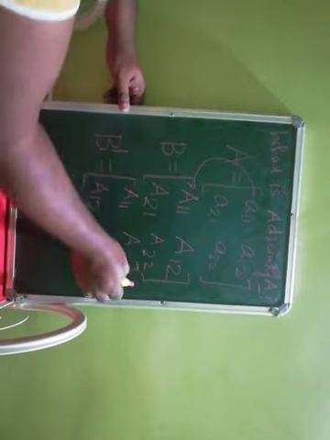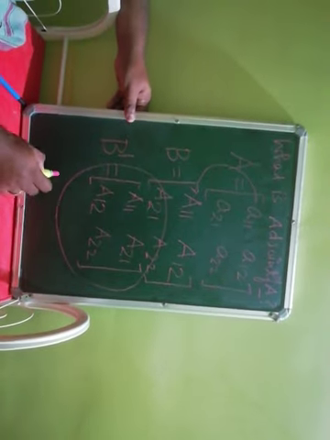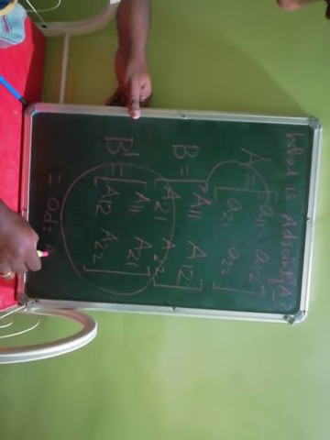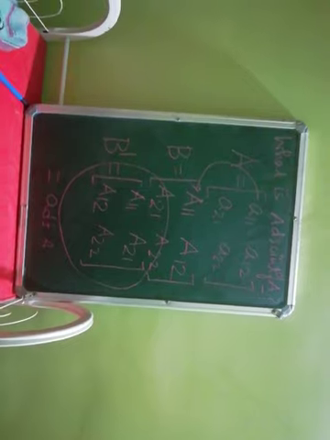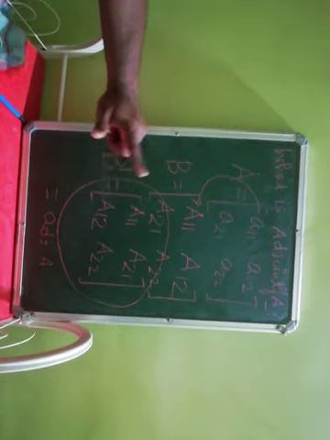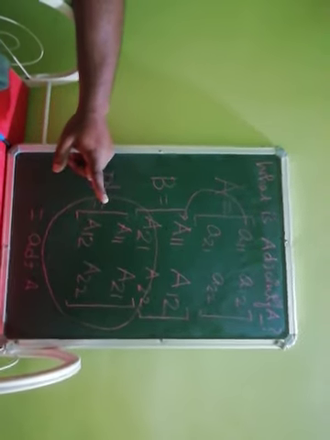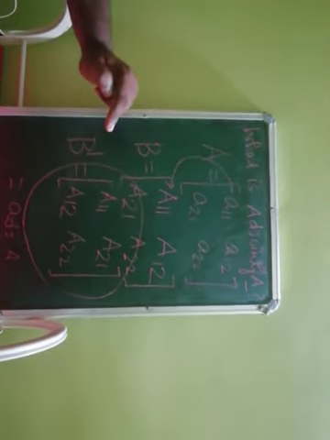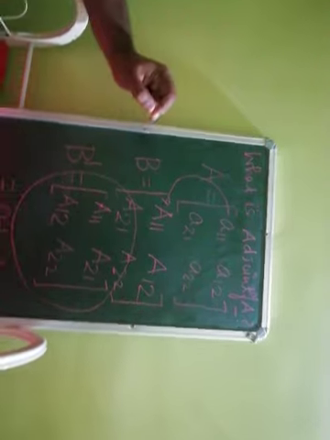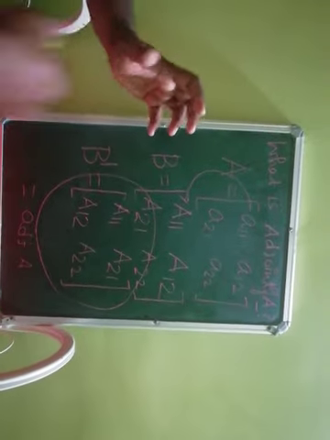And this matrix, which is the transpose of B, is the adjoint of A, which is represented as adj A. So basically, you just remember, you will find the adjoint of only a square matrix. The adjoint of any square matrix is the matrix obtained by transposing a matrix whose elements are the cofactors of the corresponding elements of the given matrix.